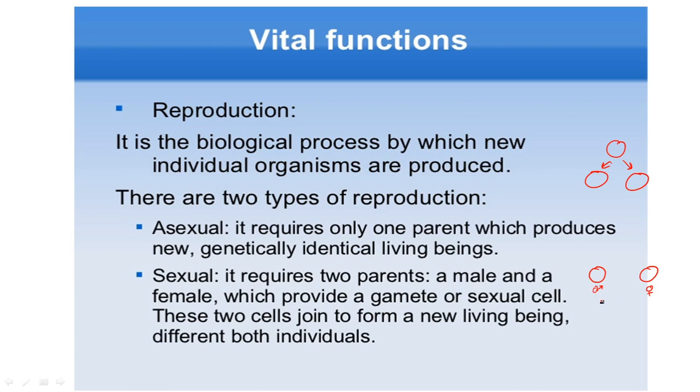When these gametes join together, like the sperm and the ovule, they produce a new cell, a new organism, which has some genetic information from both parents.